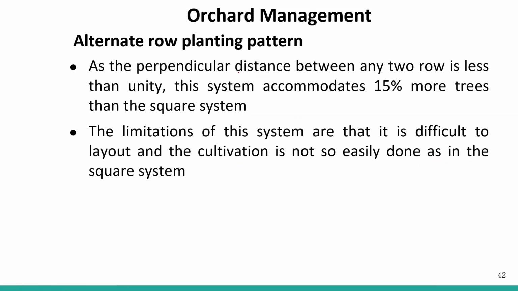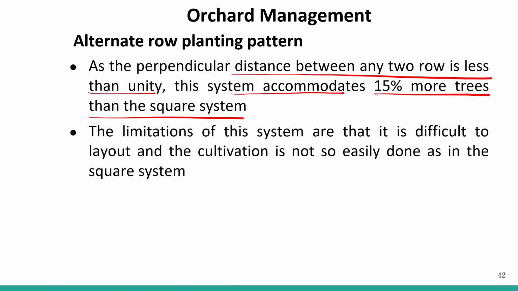As the perpendicular distance between any two rows is less than unity, this system accommodates 15% more trees than the square system. This is very, very important. So this system accommodates more trees in comparison to the square system. The only drawback of this system is that its layout is quite difficult.